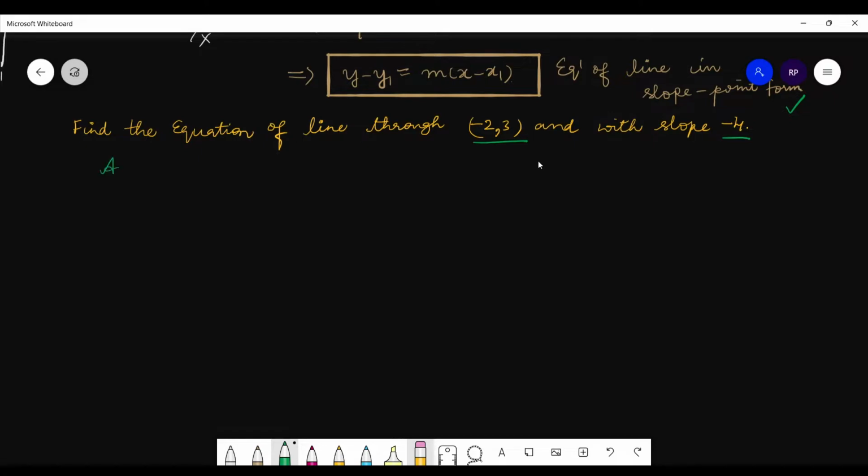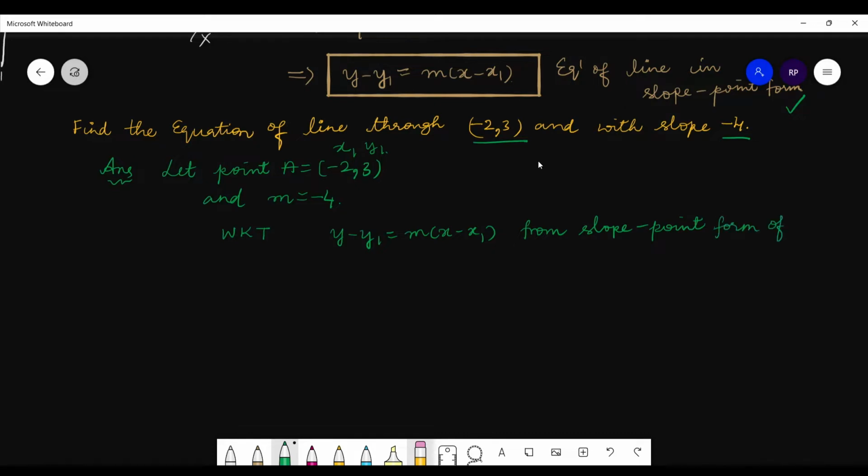So first of all, you should write the given. Let point A be equal to minus 2 comma 3 and m is equal to minus 4. So this is going to become x1, this is going to become y1. We know that y minus y1 is equal to m into x minus x1 from the slope point form of the equation of a line, right?